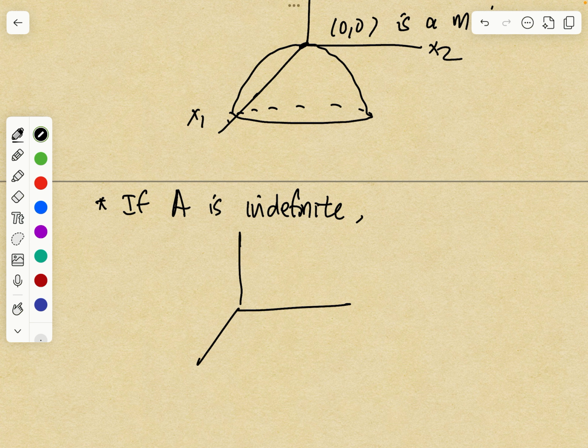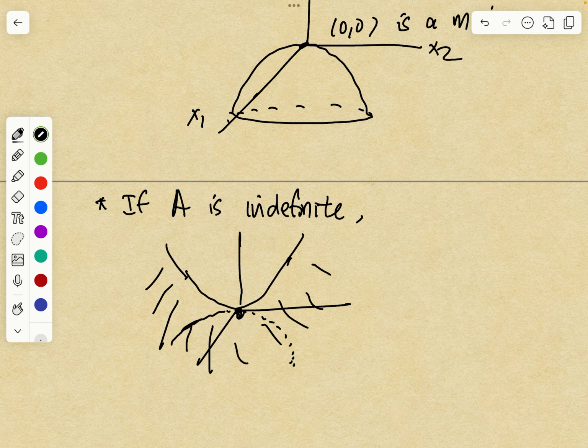It's going to look something like this. And this point 0, 0 is a saddle point.